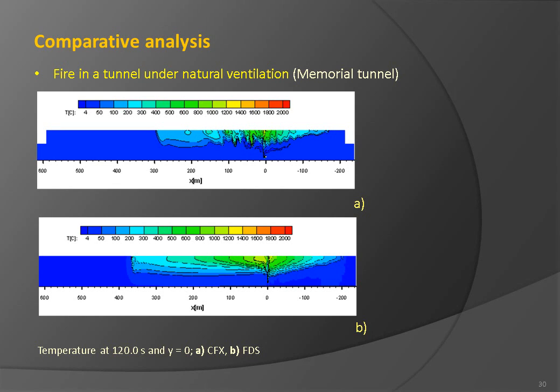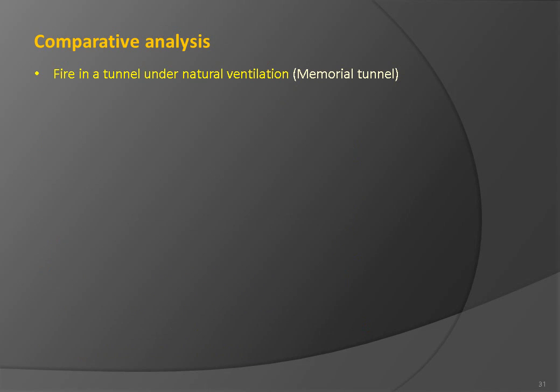These are the Kelvin-Helmholtz and the Rayleigh-Taylor instability, which are responsible for a visibly wavy structure of the hot layer. Due to this additional mixing and resistance, the CFX simulation results show slower progress of the hot layer than predicted by the FDS code.